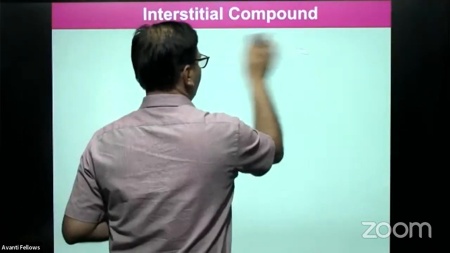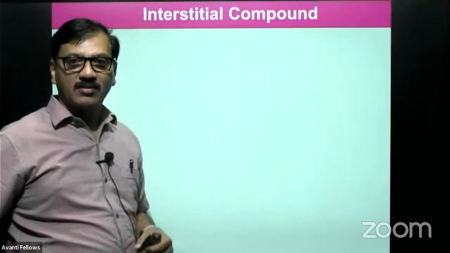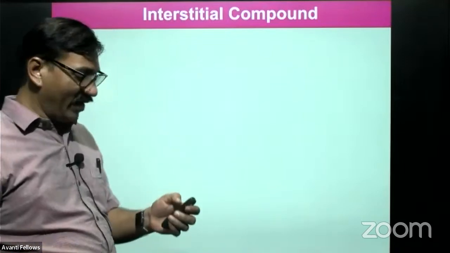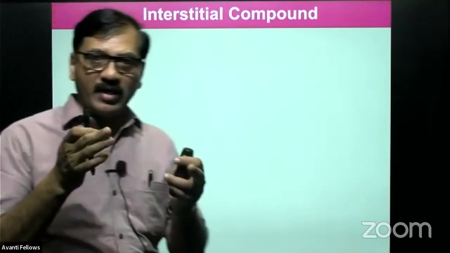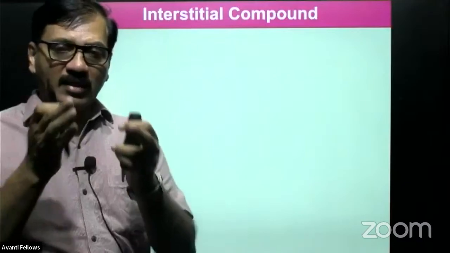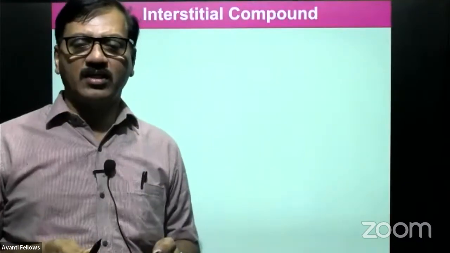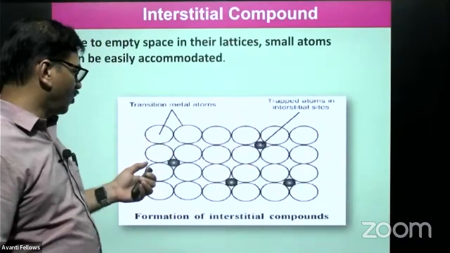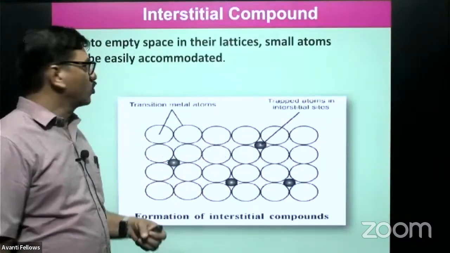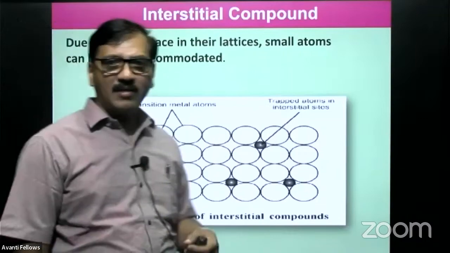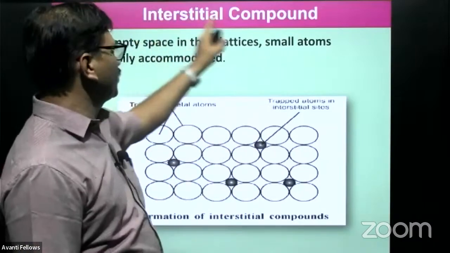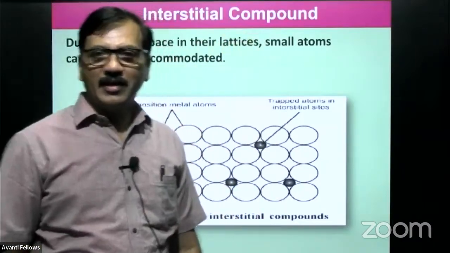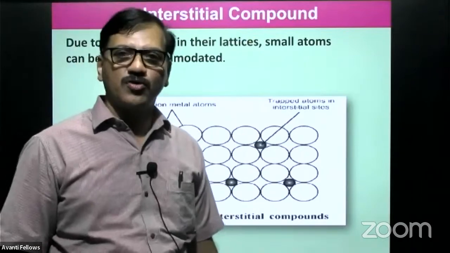Why do they form such interstitial compounds? The reason is they have such large voids, so small atoms like hydrogen, boron, or carbon can be inserted. Are they compounds? Even though they are called compounds, they are actually not compounds, they are solutions.